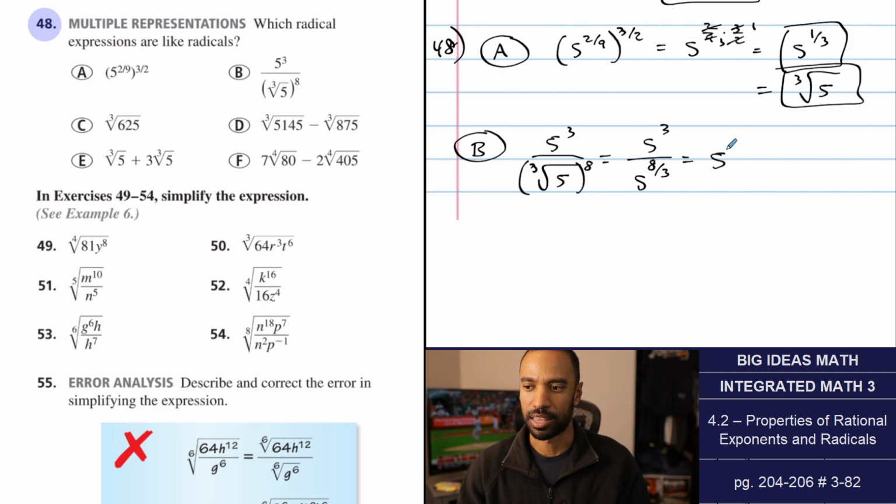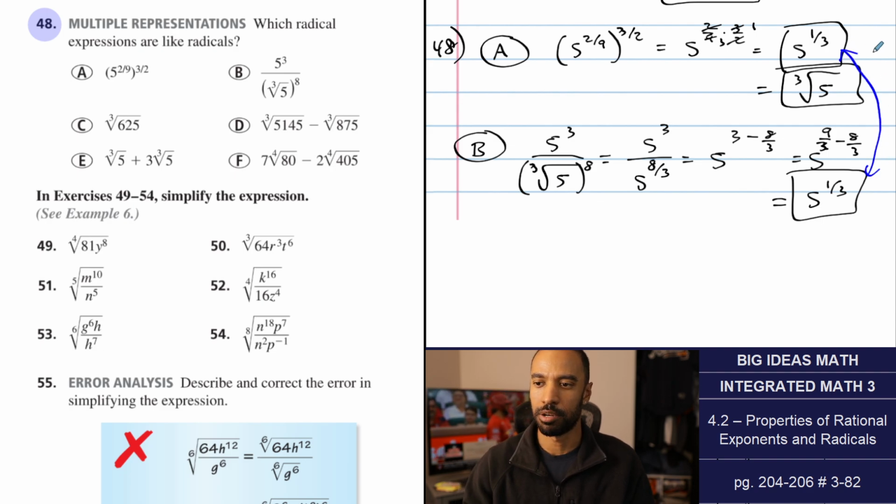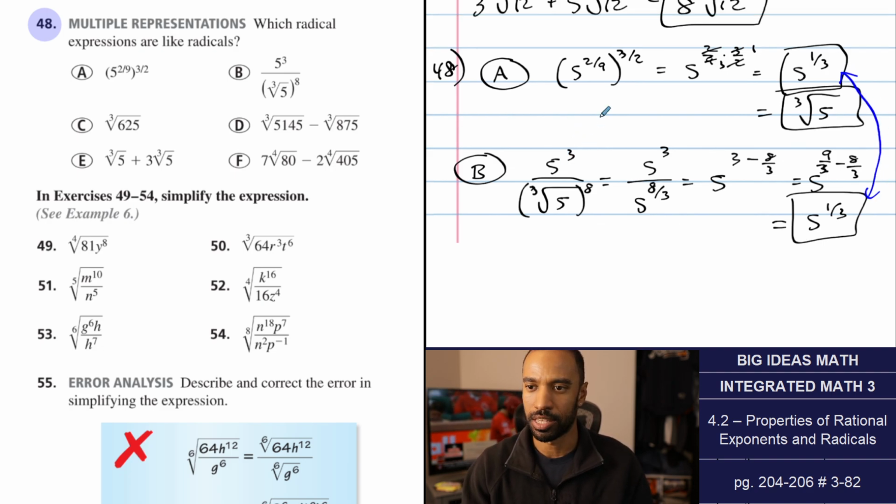So that means I can subtract these exponents, 3 minus 8/3. But now I need a common denominator. 3 is also 9/3. So 5 to the 9/3 minus 8/3, and 9/3 minus 8/3 is 1/3. So you get 5 to the 1/3 power. We know that as the cube root of 5, so I'm just going to go ahead and say that those do align. So for now, A and B are golden. I don't really know where to write this, I guess at the top. A and B are the same.